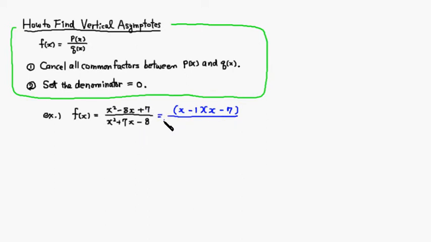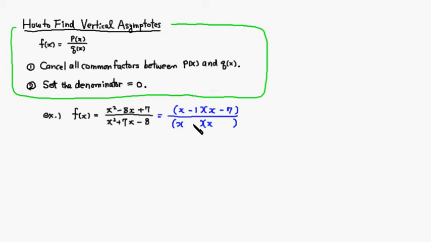On the bottom, we can factor similarly. Since we have to get x squared, I'll split it as x here and x there. We have to come up with two numbers whose product is negative 8.